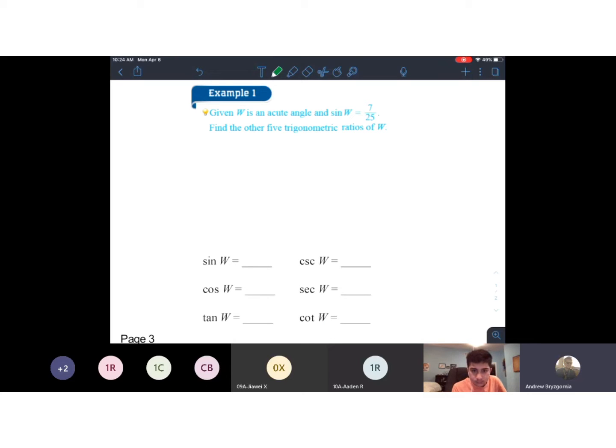So we already know that sine of W is 7 over 25. That was given. So of course, cosecant of W is the reciprocal, 25 over 7. Now what we're going to do is we're going to use the Pythagorean identity with this value in order to solve for cosine.